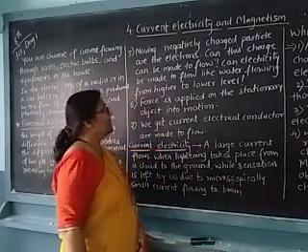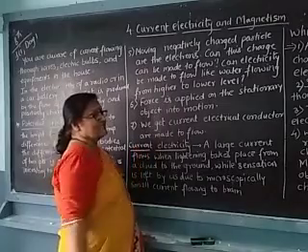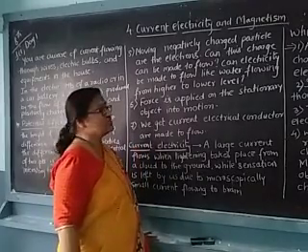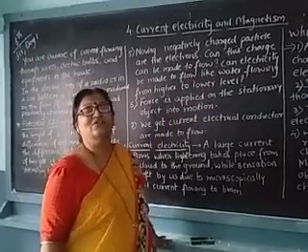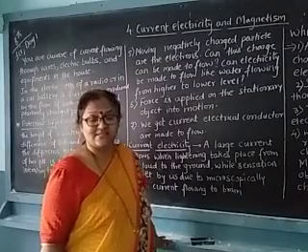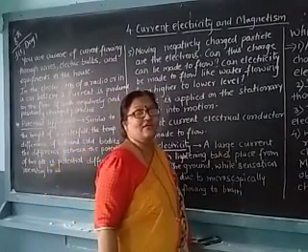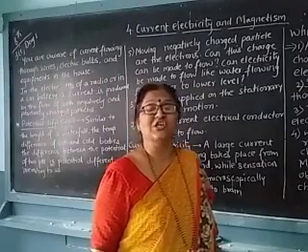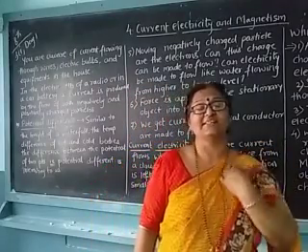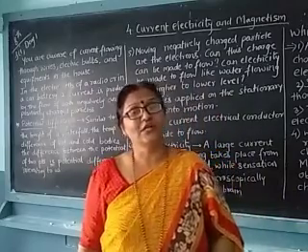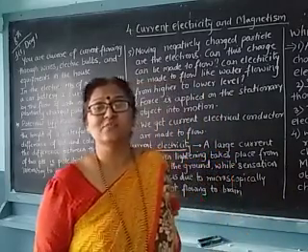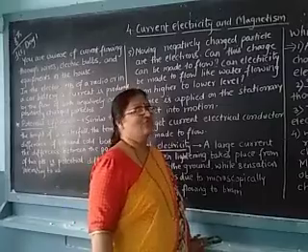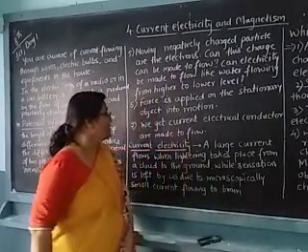You may have this question. A force is applied on a stationary object and only then does its motion start. That means whenever a substance is in a stationary position, that is, at rest, it can only move when a force is applied on it.